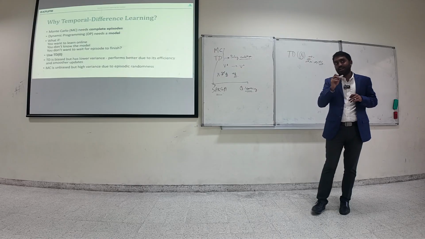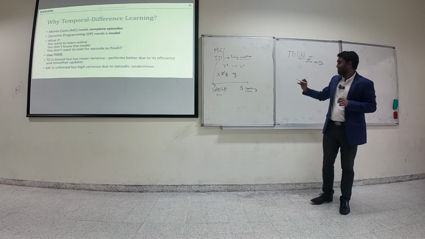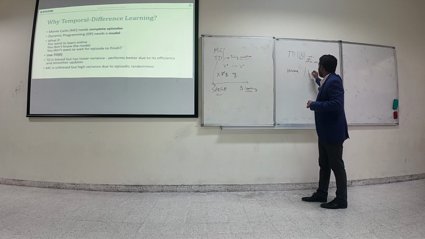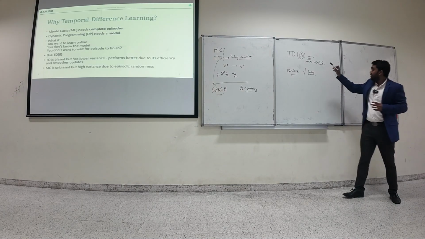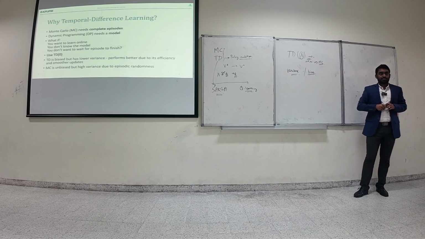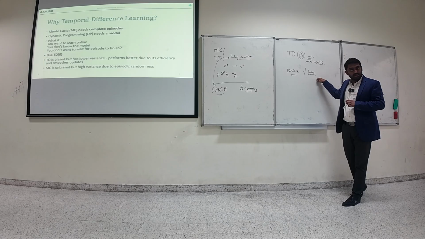Something related to learning: variance and bias, right? There's a trade-off between these two. For Monte Carlo, what was high, what was low? Variance is high, yes, and bias is low.